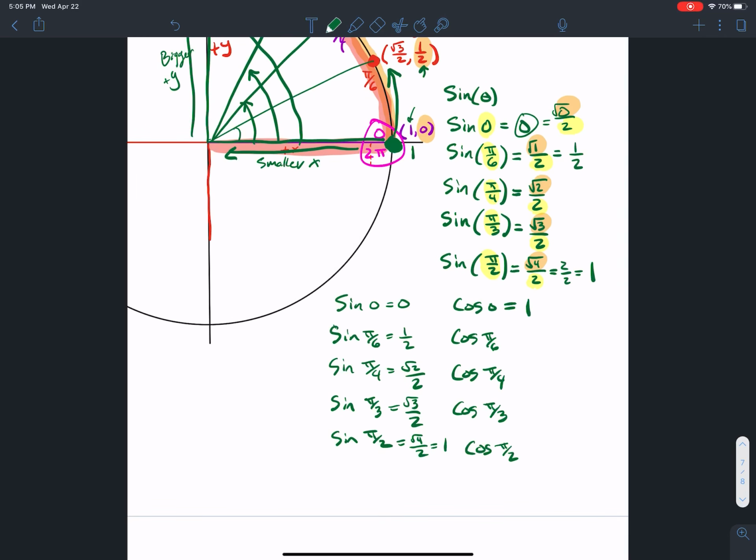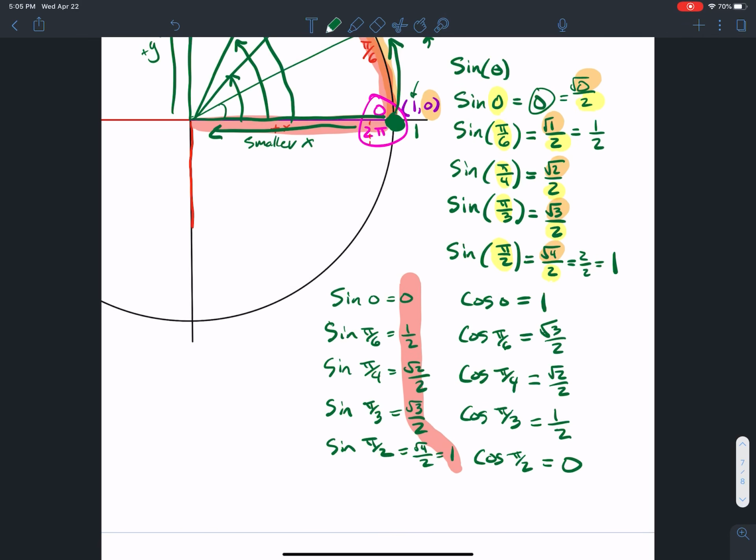It's literally the reverse of this right here. So once you get the sine, you just write it in the reverse order. Square root 3 over 2, square root 2 over 2, square root 1 over 2, which is 1/2, and then 0 finally. So literally one goes down this way and the other one goes up the other way.